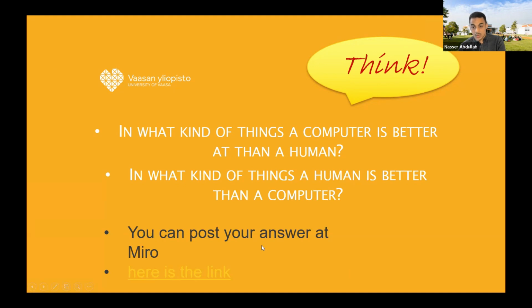For example, this is quite hard for the computer to do, but for the human it's easy. The first time you see your friend, you say, oh, this is my friend. But for the computer, it's quite difficult to recognize patterns.